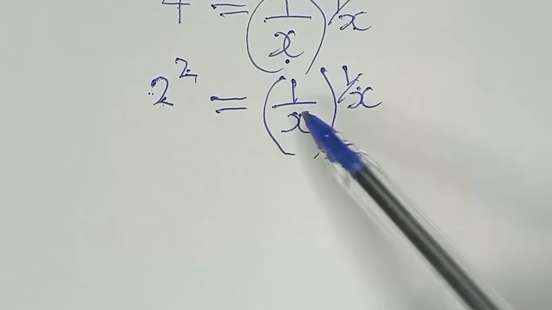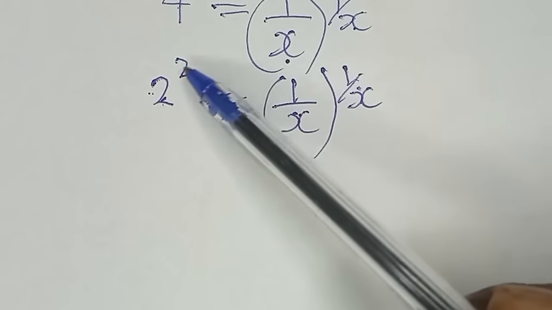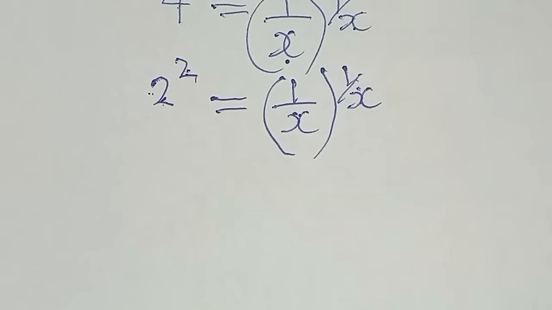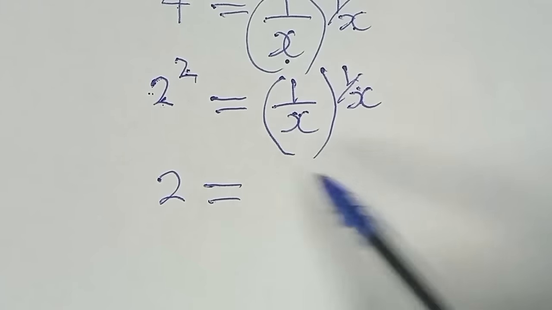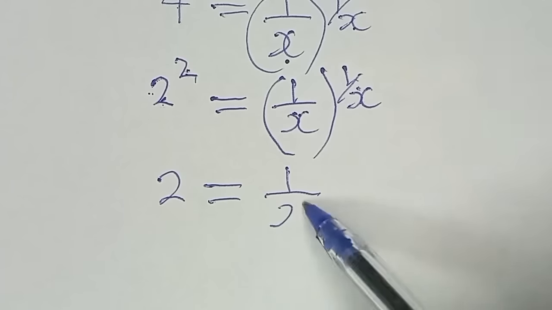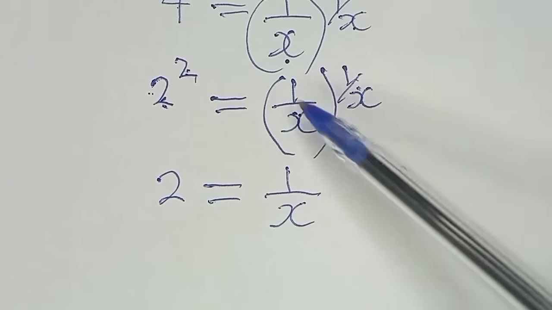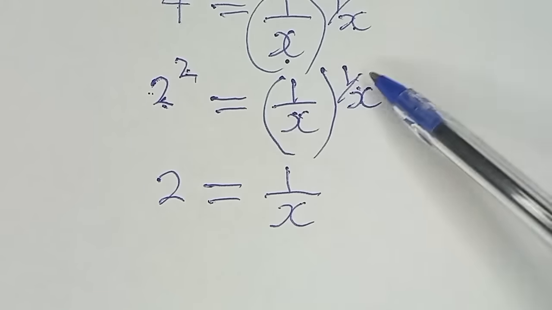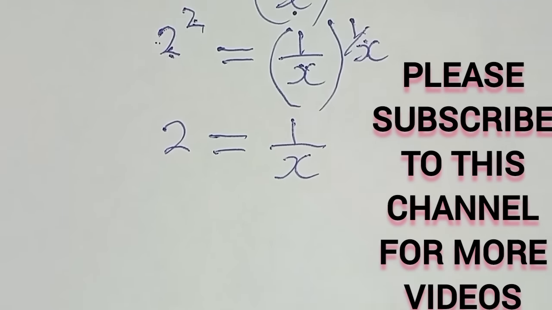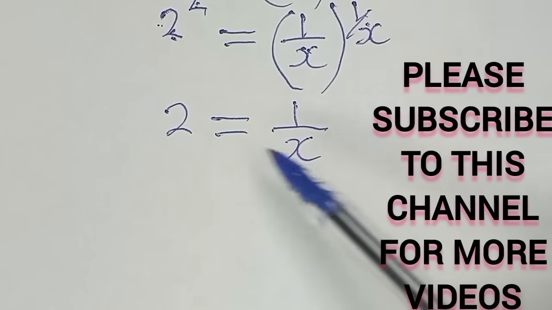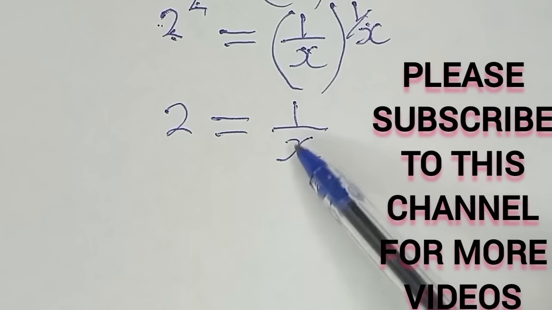We can simply compare only the base, any one, or if you like, compare the power. It's the same thing that you get. So I can simply say 2 is equal to 1 over x by comparing. So you equate this and this, or you simply equate the powers, and then you get the same answer. So from there, if I want to solve to get the value of x now, in a shortcut, what I just need to do is to interchange the two positions.